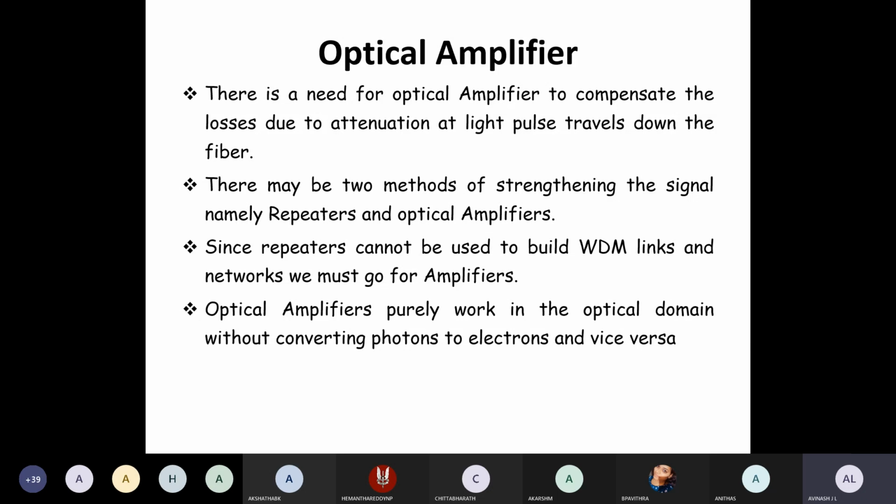That means photon energy should not be converted into electron energy. Light energy should not be converted into electrical energy, and electrical energy should not be converted into light energy. So vice versa should also be maintained. That is exactly the concept here.